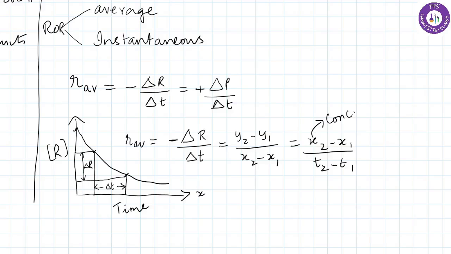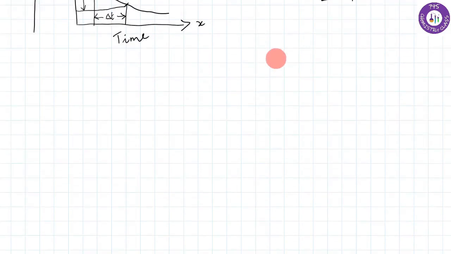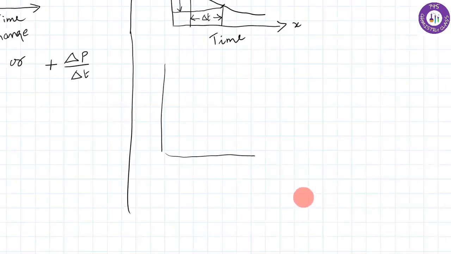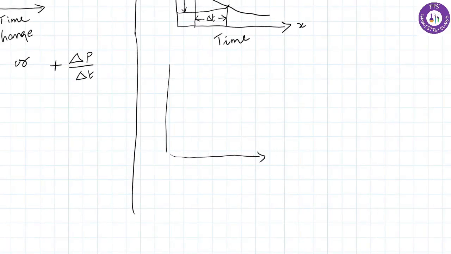The next concept is the instantaneous rate. So instantaneous rate ல நம்ம என்ன பண்ணுவோம், இதே மாதிரி graph தான் இருக்கும். You take the same graph and you can plot either the reactant or the product with respect to time.